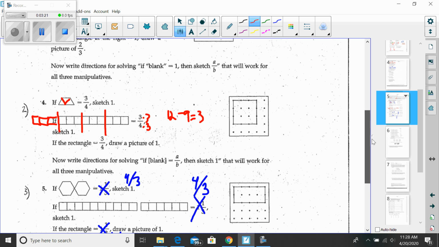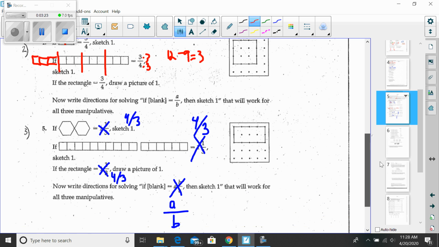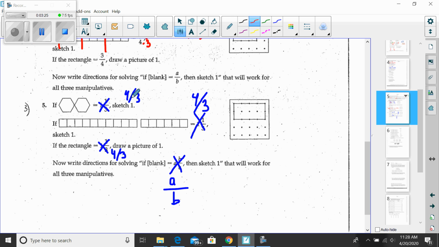If I have an improper fraction, I want to divide again up into the numerator number of pieces. So here, I want to take this and divide it into 4 pieces. If this is 4/3, then each trapezoid represents a third.